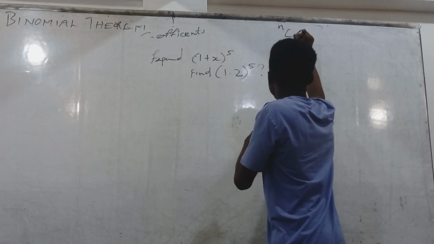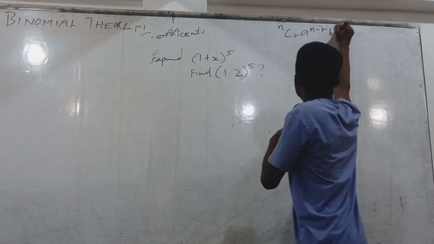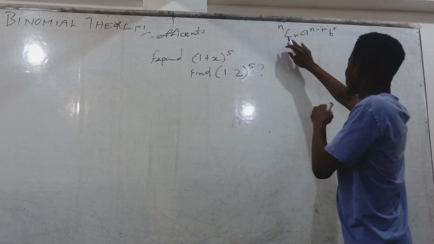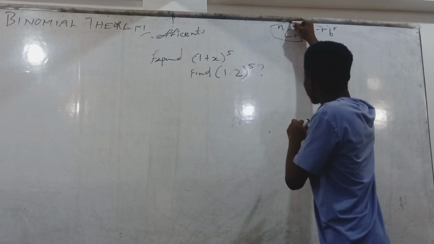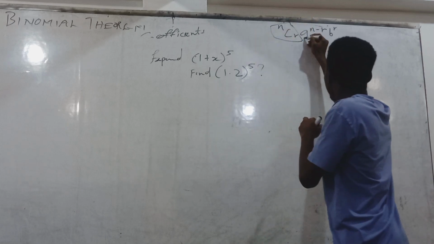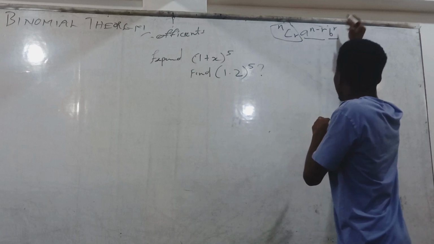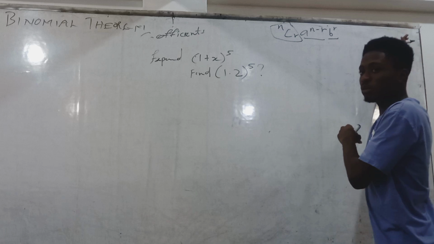And I would always advise that this formula shouldn't depart from you, because it is very simple. This is the combination aspect, and it is for the coefficients. This one gives you the a part of the term, and this one gives you the b part of the term.